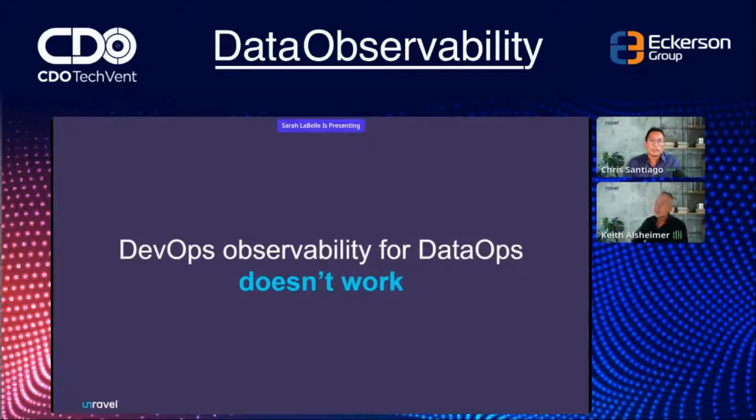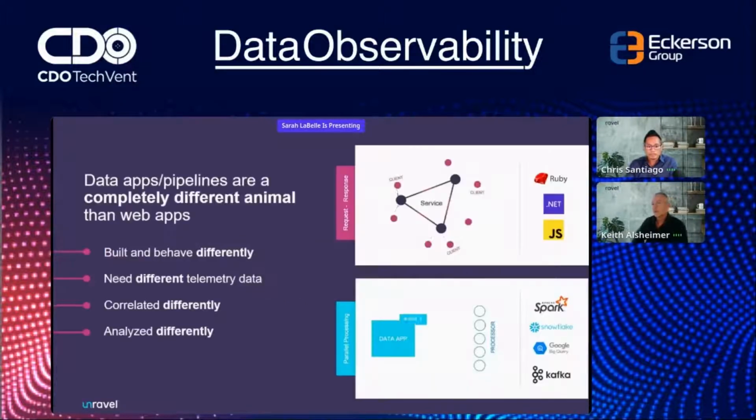And the answer is really in the question, right? Why are DataOps teams struggling using DevOps tools? It's simply that DevOps tools were not designed for DataOps functions. So, Chris, maybe you could just highlight some of the core differences that are really driving that issue.